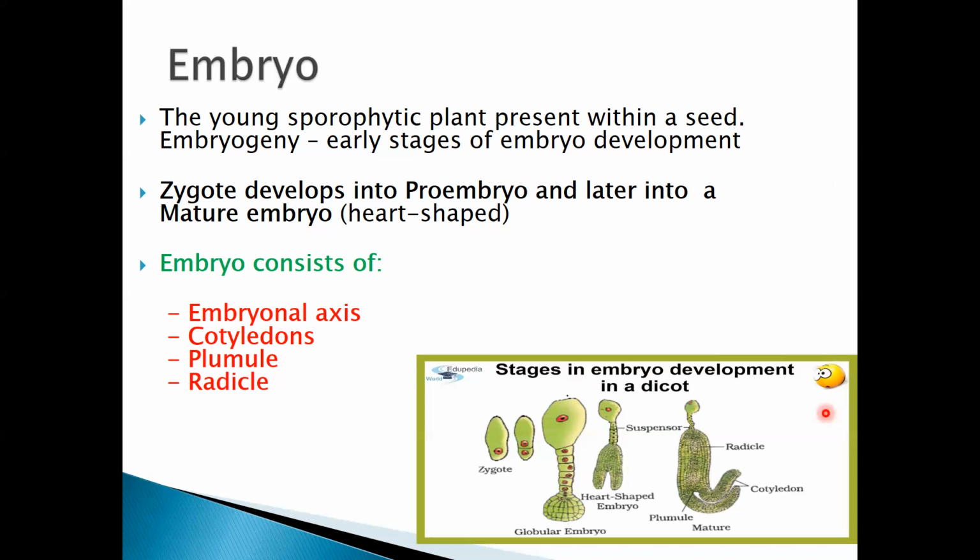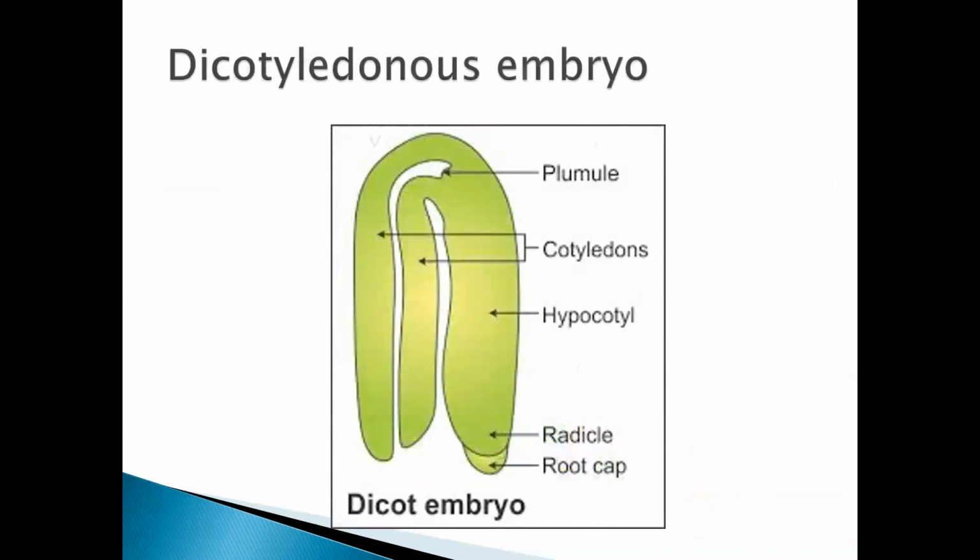The embryo consists of embryonal axis, cotyledon, plumule, and radicle. You got to know in the embryonal axis, there is an epicotyl. Below that, there are the cotyledons. Then the plumule, which is a shoot tip. There is a hypocotyl, which is a cylindrical mass-like structure, and the radicle, which is a root tip. So this diagram is important. The dicotyledonous embryo diagram is important, consisting of plumule, cotyledon, hypocotyl, radicle, and the root cap.